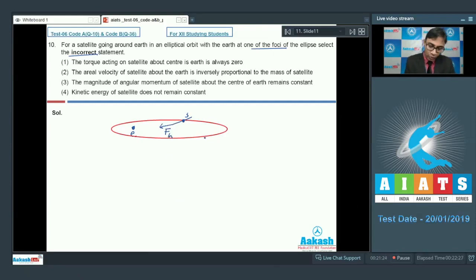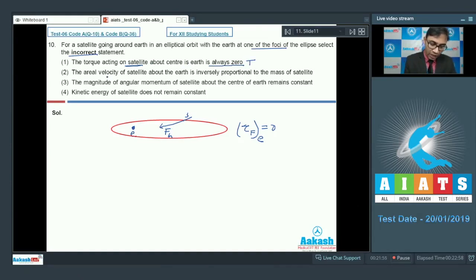So the torque of the force must be equal to 0 about the Earth, right? So the torque acting on a satellite about the center is always 0. Yes, this is a true statement.